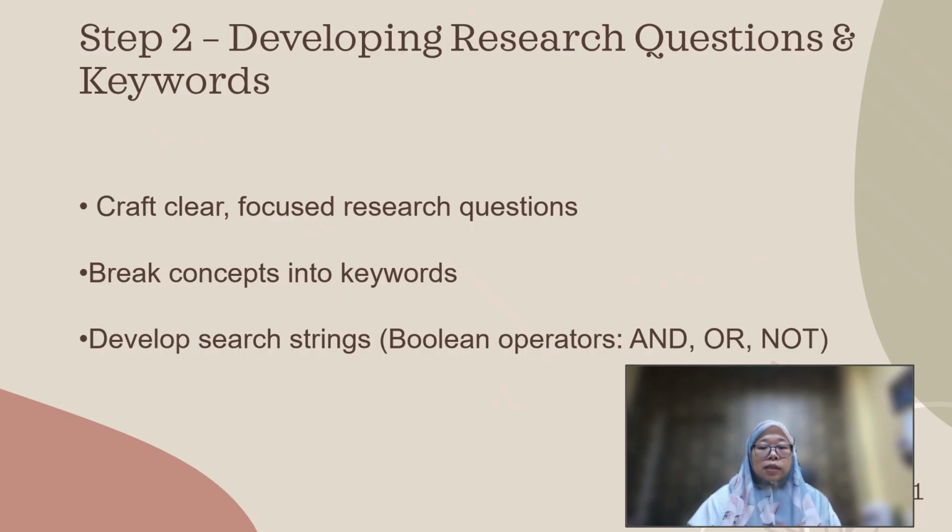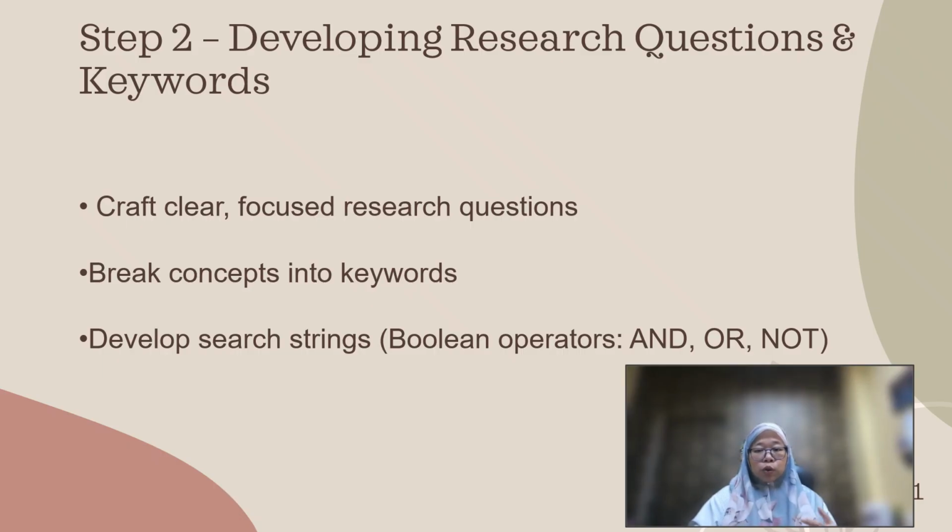Okay, next, continuing from step one that I have shared earlier using the two frameworks. Step two is developing research questions and keywords. In this second step, the questions will guide your review and ensure relevance. You should break down your questions into key concepts and translate them into keywords.